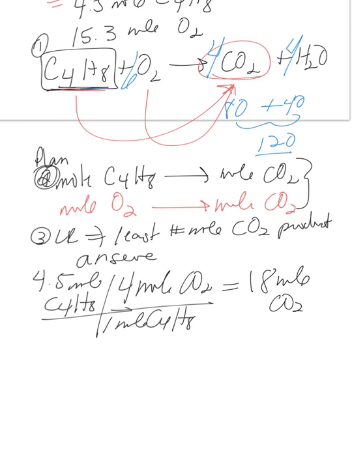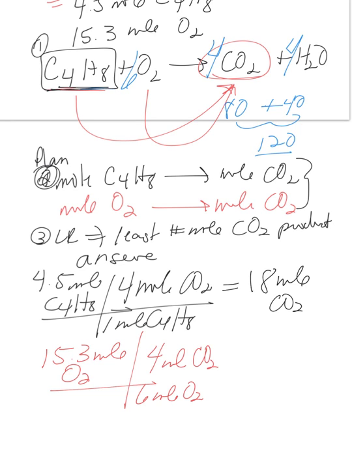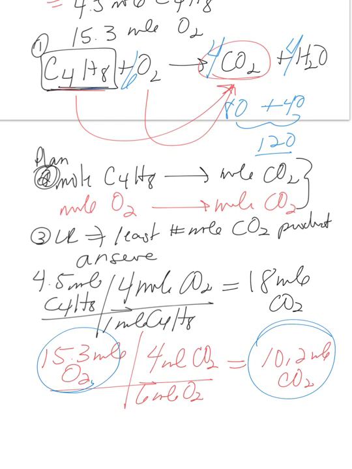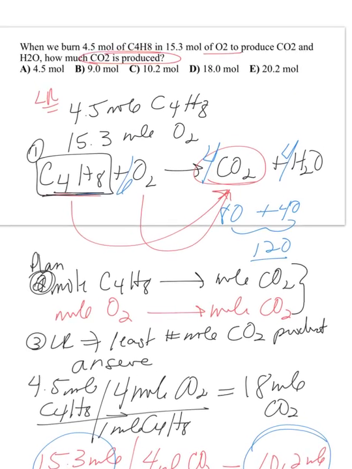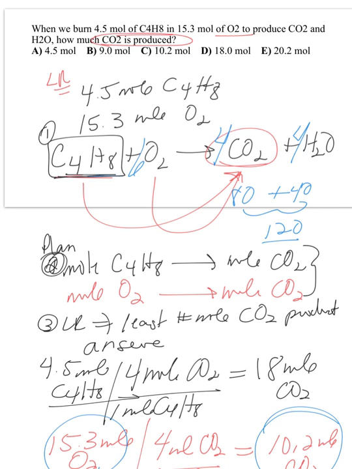Now we have 15.3 moles of O2, and for 6 moles of O2, we have 4 moles of CO2. When you do the math on that, you get 10.2 moles of CO2. So your limiting reagent is the one with the least number, because 10.2 is less than 18, and this is oxygen. And so the answer here would be C.